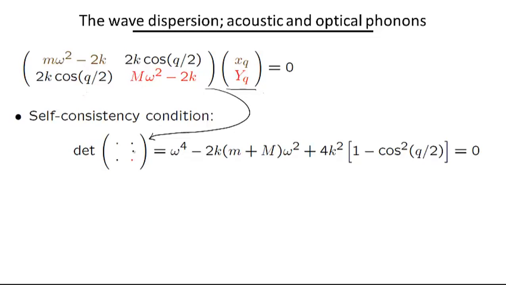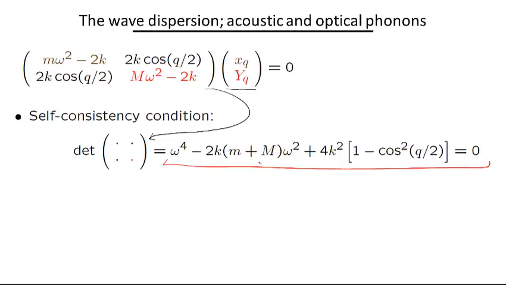If you do so, you will get the following algebraic equation, and essentially it reduces to a quadratic equation. Formally it's an equation of the fourth order, but there is only omega squared involved, so all in all it's just a quadratic equation that I hope most of you know how to deal with.